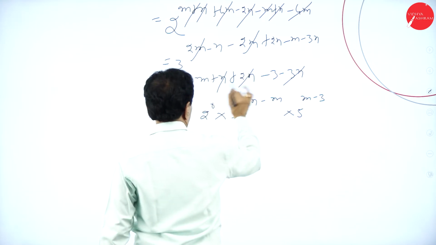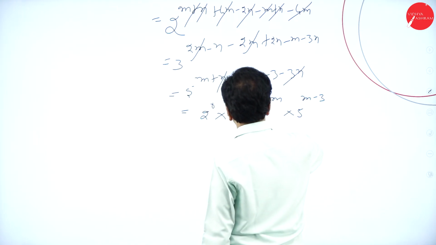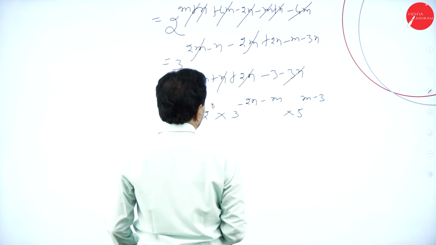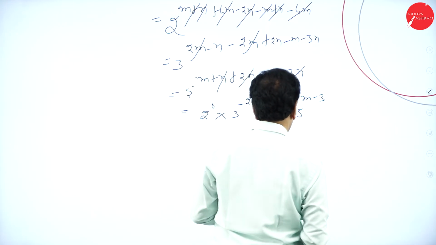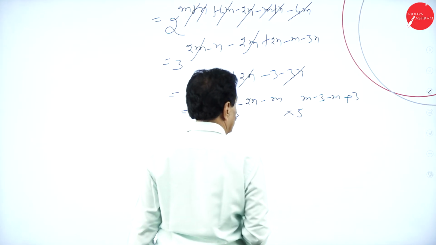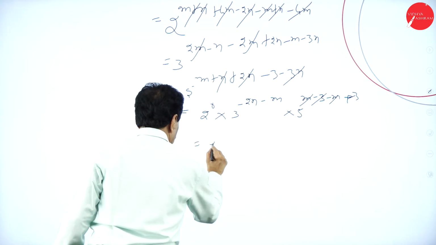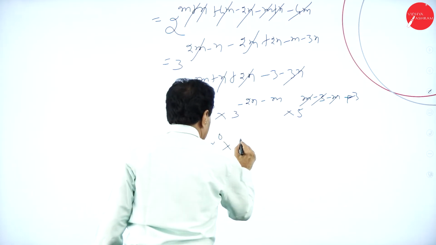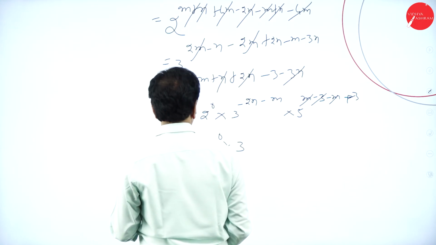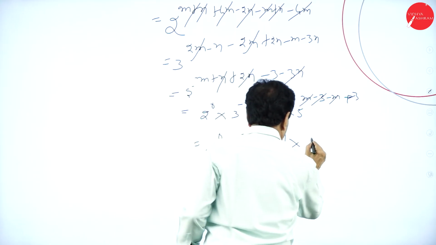This is 3n plus 2n. This is 3n. 2n plus 3n cancelled out. M minus 3, so another m comes plus 3. So m cancelled out, 3 cancelled out. This is 2 to the power of 0, 3 to the power of minus m minus 2n, 5 to the power of 0.